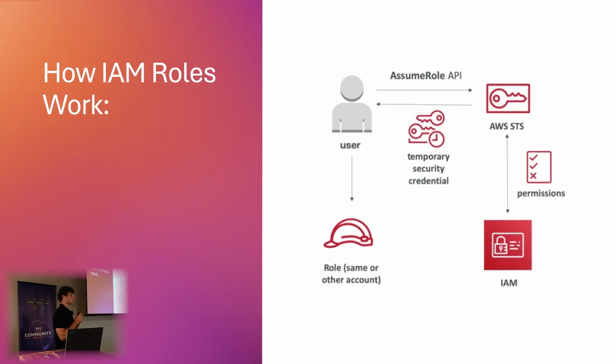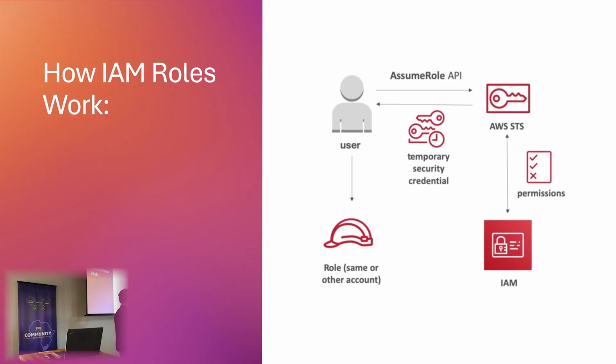Now, how do roles work? So let's say you're an identity, you want to assume a role, you'll call out to the assume role API. That'll go out to STS. STS will then go and check the role's trust policy, or the resource-based policy, to see if that specific IAM identity or principal is allowed to assume the role.